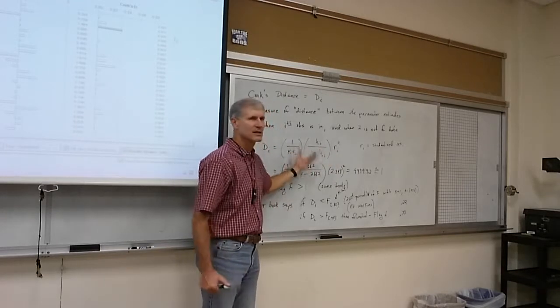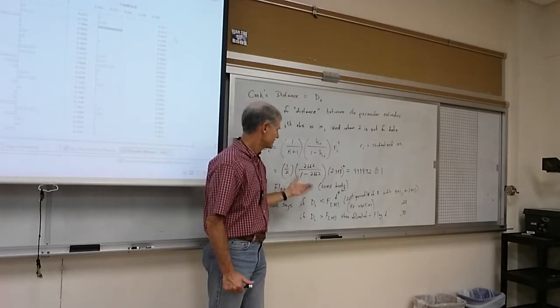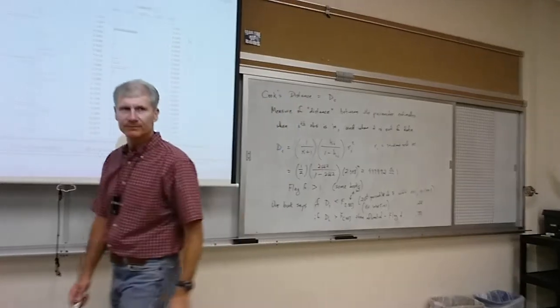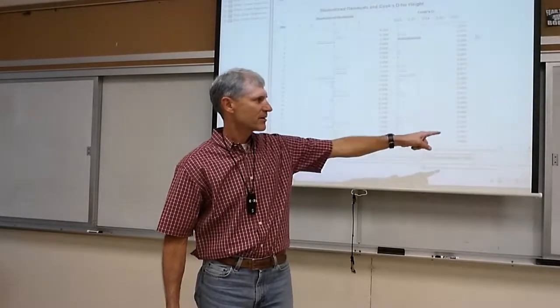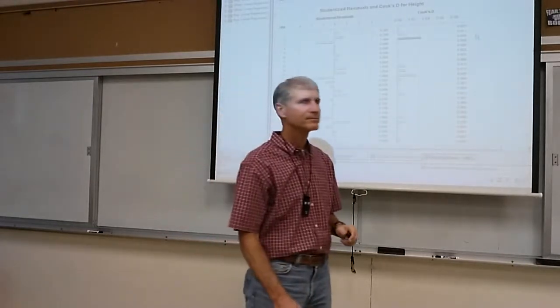So that 0.999 is an F statistic. It has an F distribution. It's not readily apparent, but it's part of the algebraic proof that shows it gets there. That's why you can compare them directly to the F.